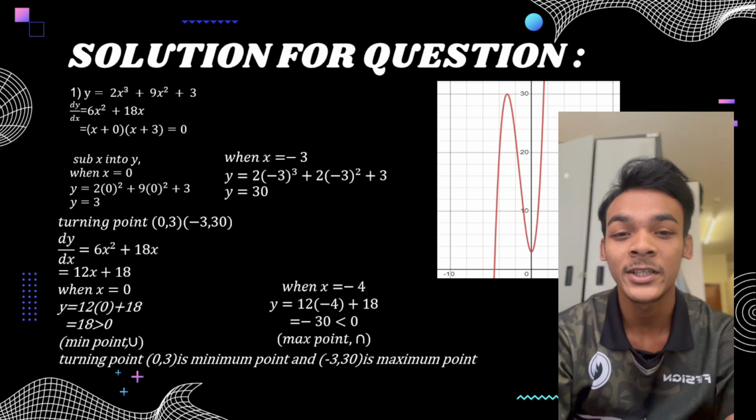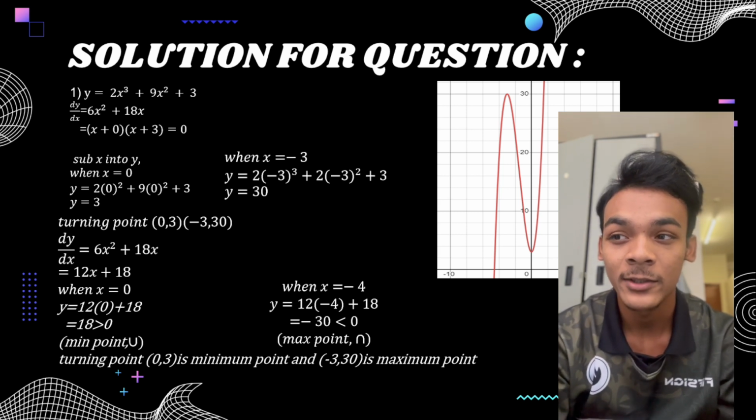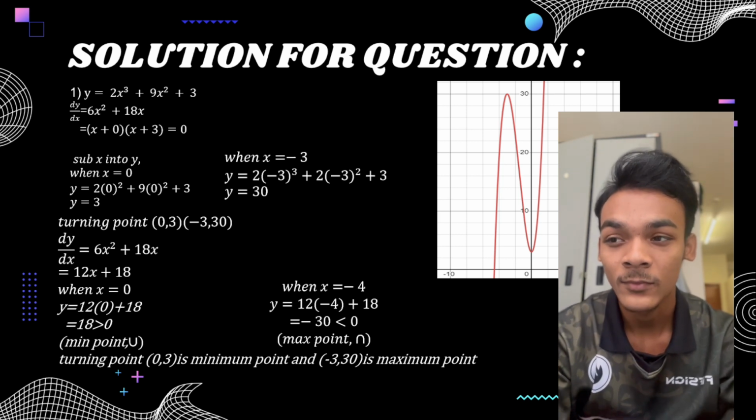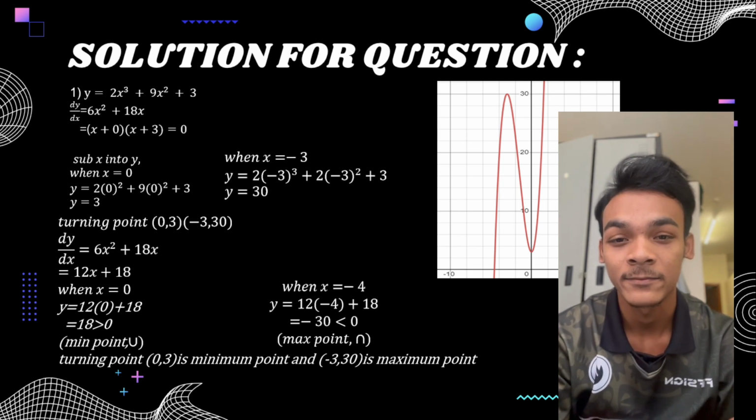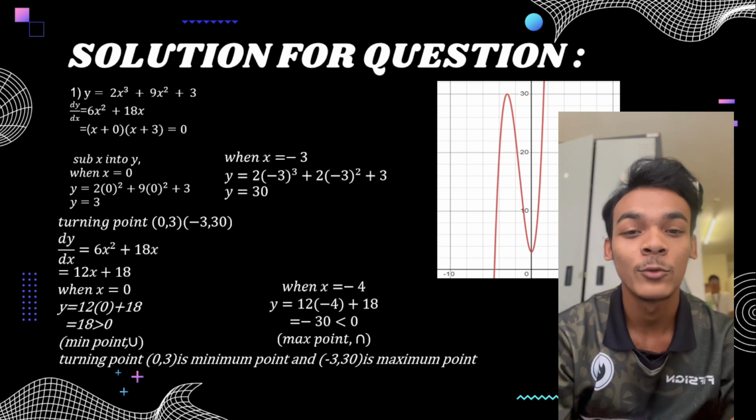So we differentiate again, d²y/dx², and we get 12x + 18. Using the same method, we substitute x into it.